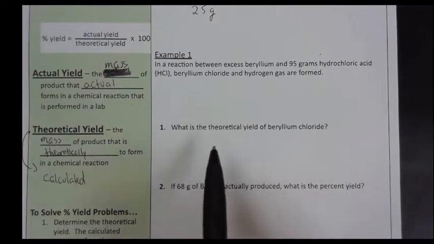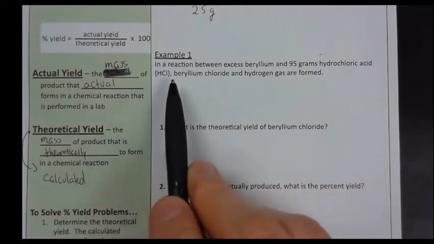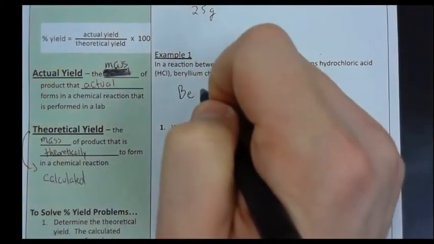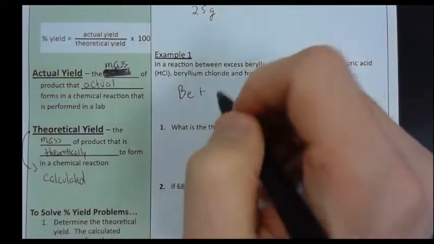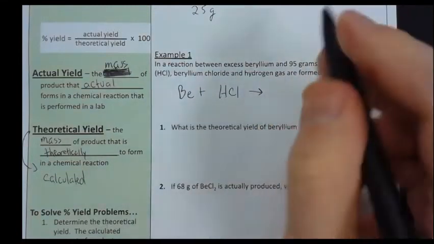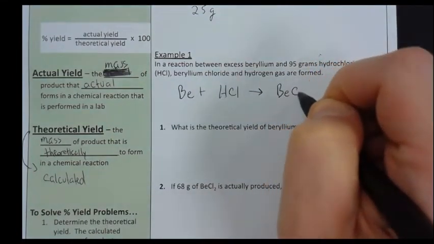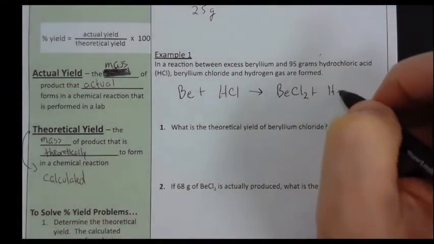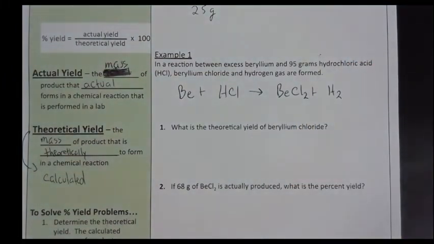So we've got one example here. It says in a reaction between excess beryllium and 95 grams of hydrochloric acid, or HCl, we're going to produce beryllium chloride, which is BeCl2, and hydrogen gas, which is H2 because it's a diatomic.